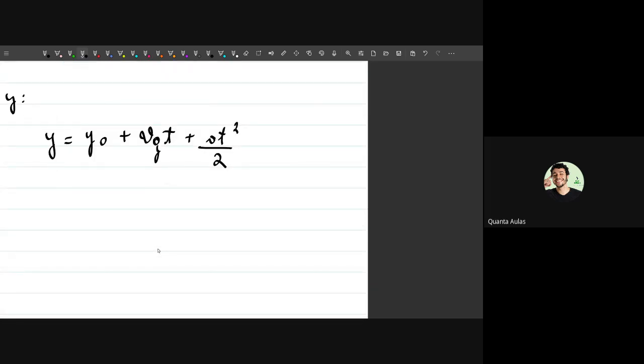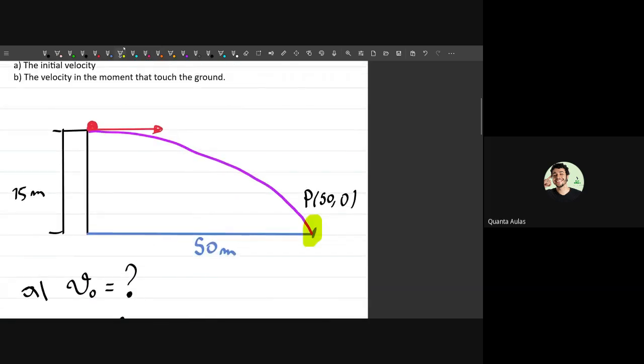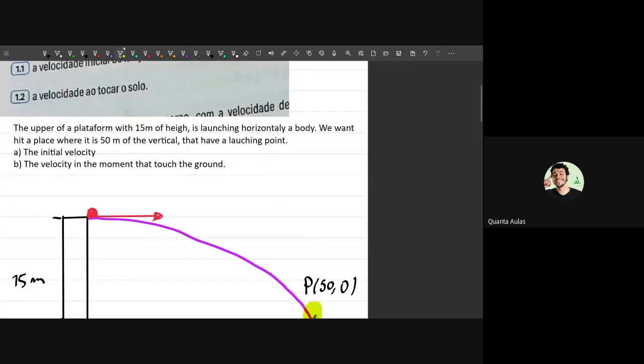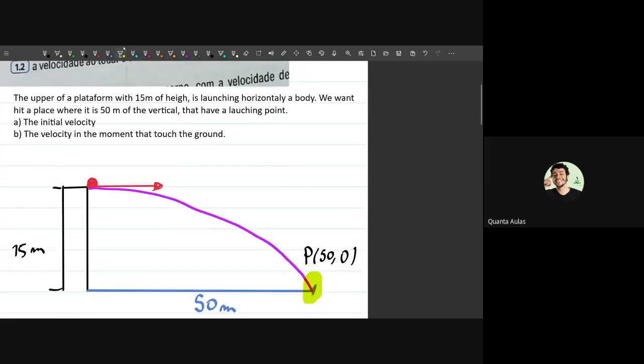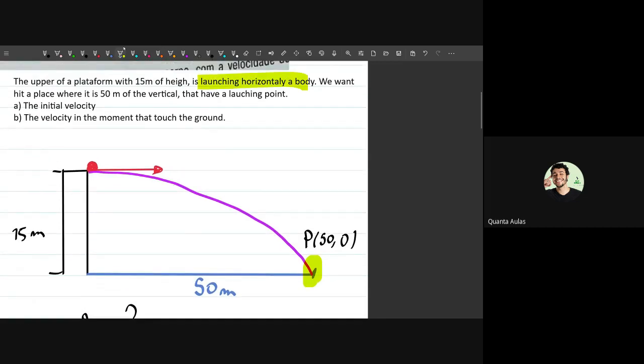So I can put some values here. For example, we have 15 here, and I know the initial velocity in y. If you see this drawing, if you read the question, we are speaking about a launch horizontally. So the initial velocity is only horizontal. It's only in x.